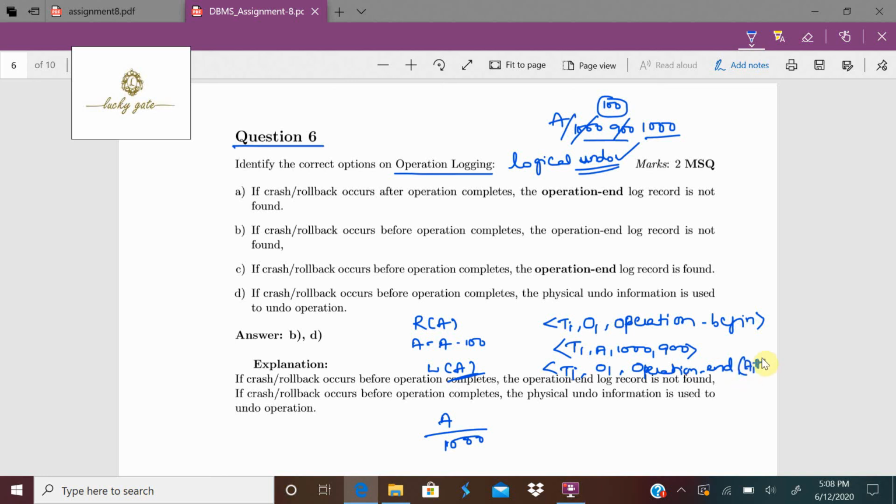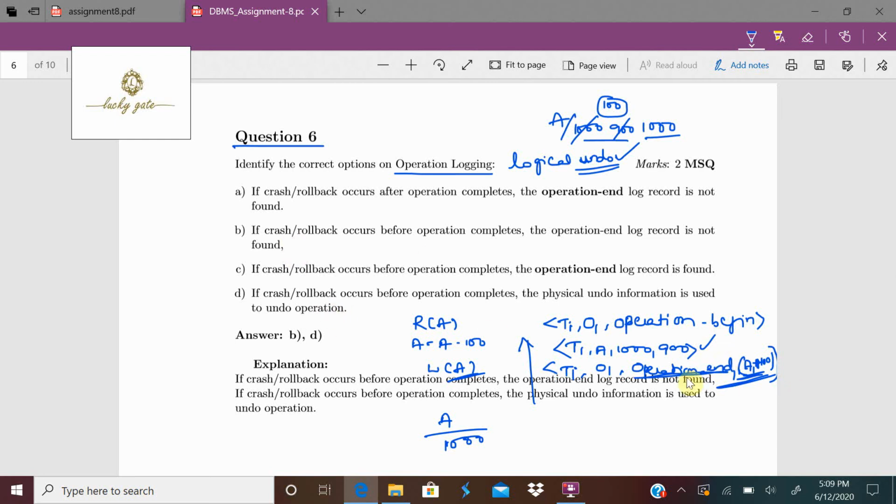This plus 100 is called logical undo information, and it is required to be maintained in the log records. If a crash occurs, the log is scanned backwards. Whenever it sees an operation end log in the log records, it uses only logical information. If this operation end is not there, then it uses the physical log to perform the undo operation.